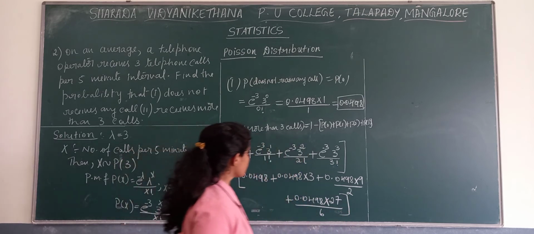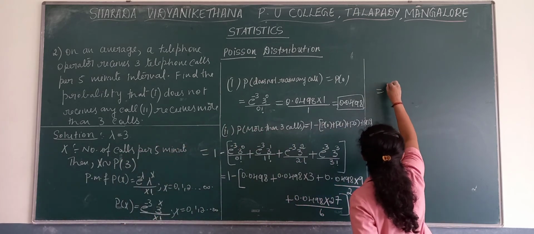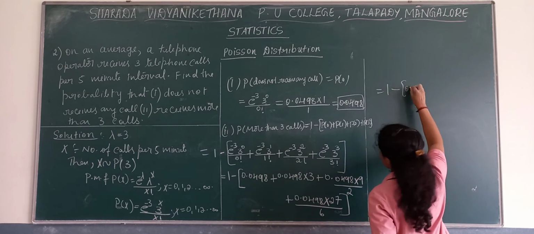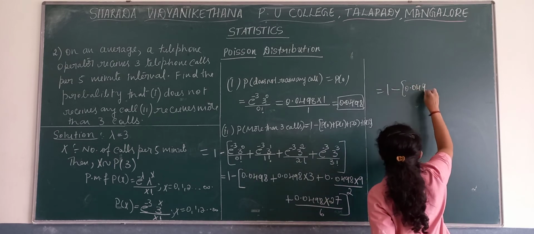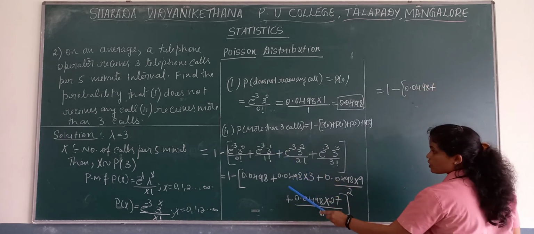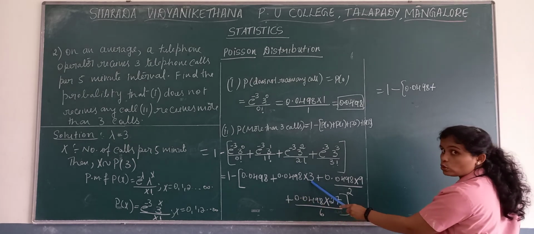Now solve this. We come here. 1 minus 0.0498 plus 0. Next one, this one 0.0498 into 3.